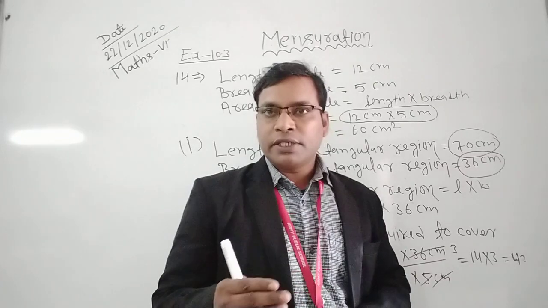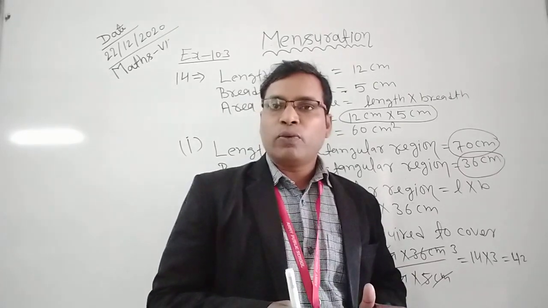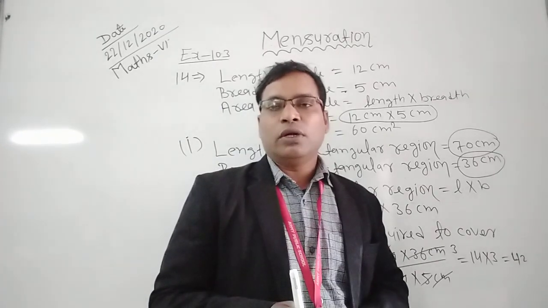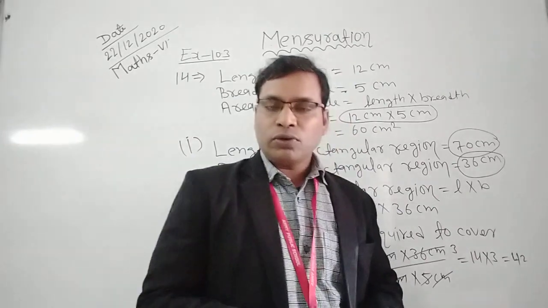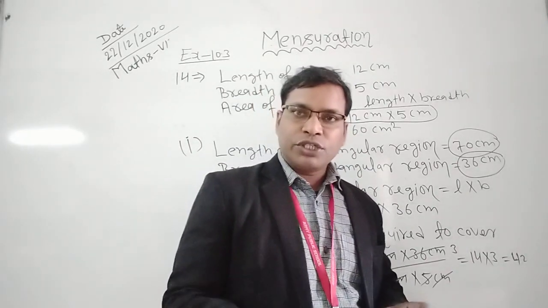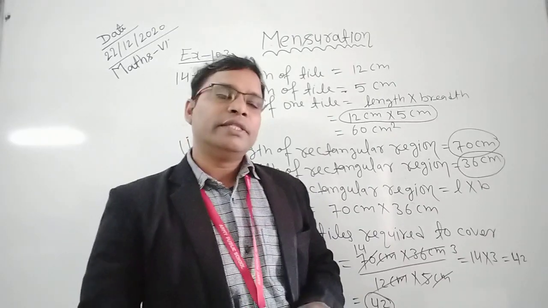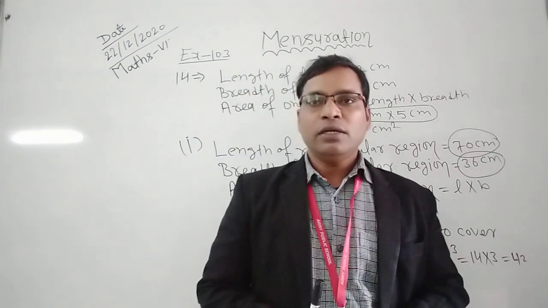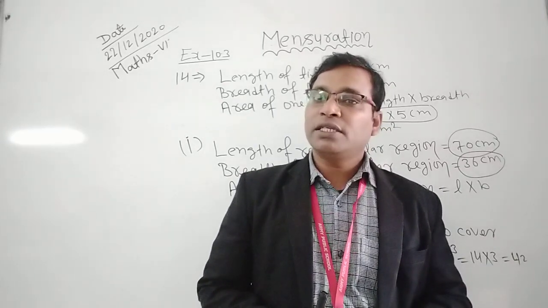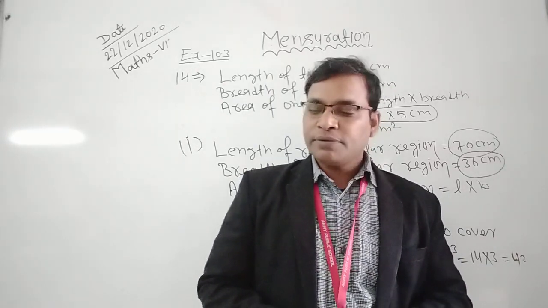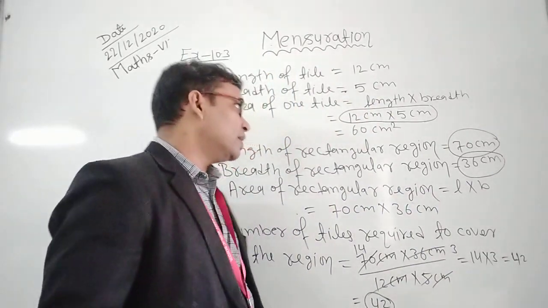The length of the given region is 144 and the breadth is 1 meter. You know very well 1 meter is equal to 100 centimeters. So first we find the area of this region. After this we divide it by the area of one tile. Then we get the number of tiles required for the given region, whose length is 144 and breadth is 1 meter. So let's see how we find the number of tiles for this region.